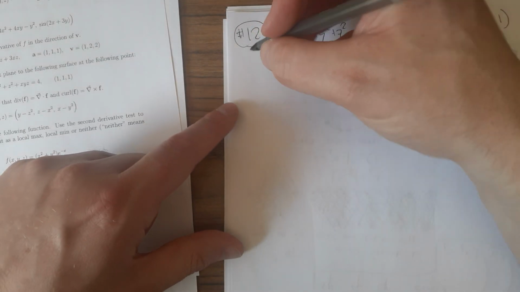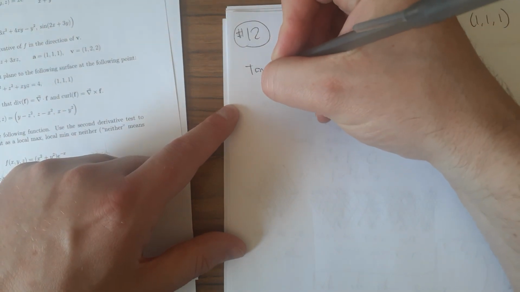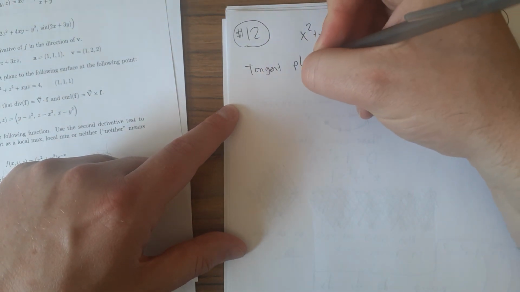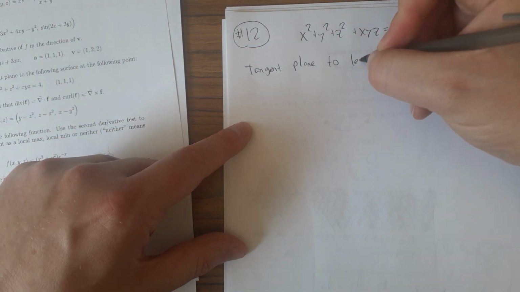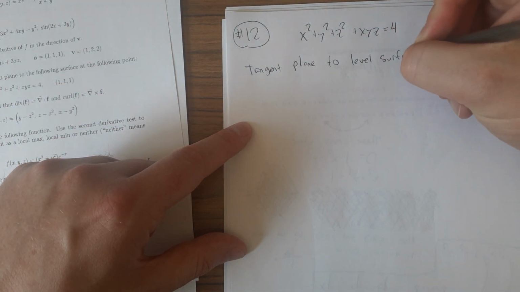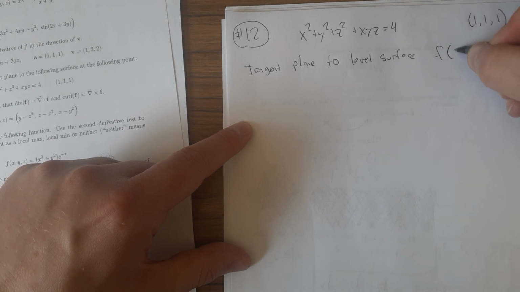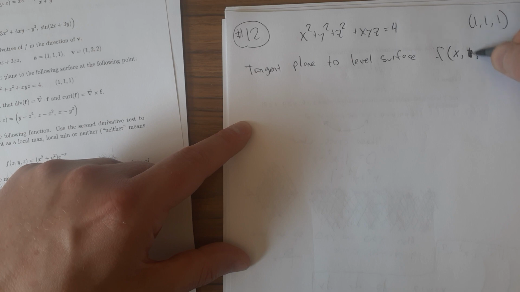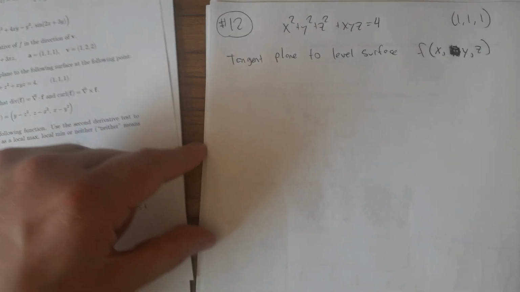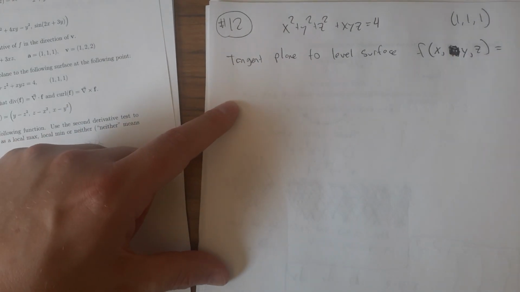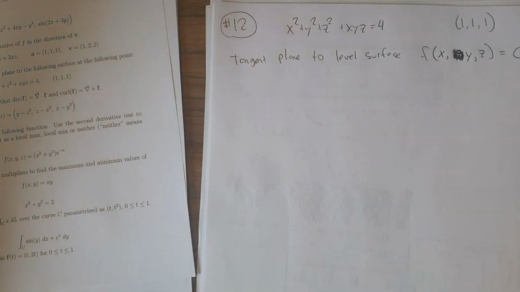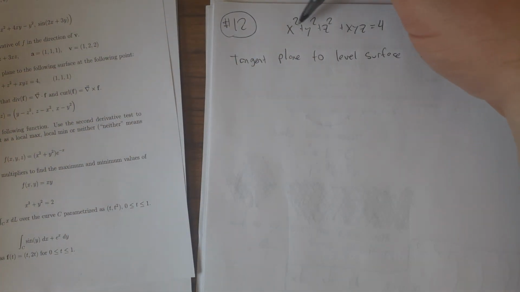Here's what we want to remember. If we have a level surface, which is taking a function of x, y, and z and setting it equal to a constant, any constant, like this is a function of x, y, and z, and we're setting it equal to a constant.